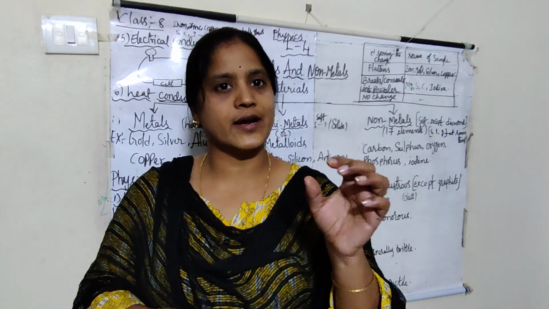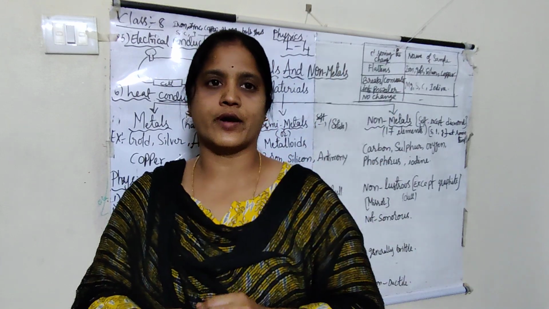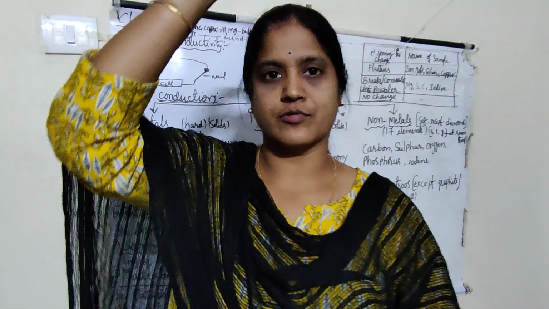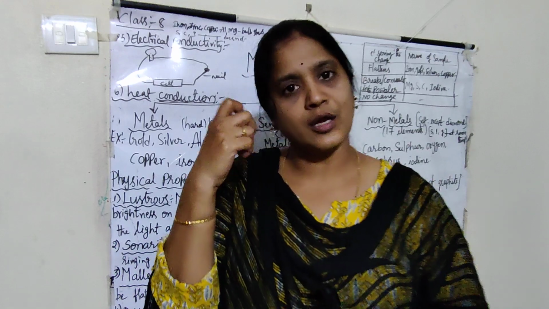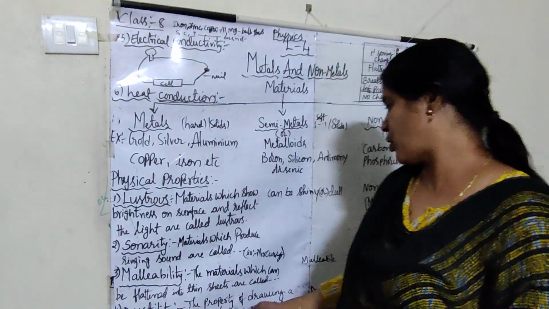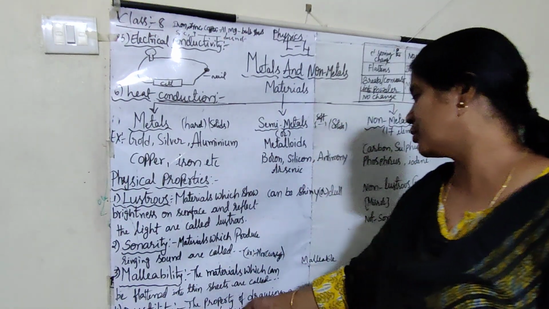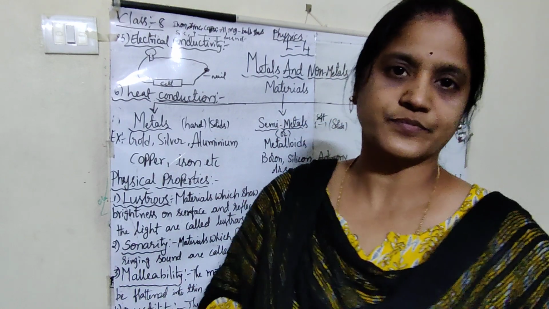All these wires are made up of metals only. We are using copper wires, and even outside we are using aluminum wires, iron wires. So the property of drawing a material into fine wires is known as ductility.